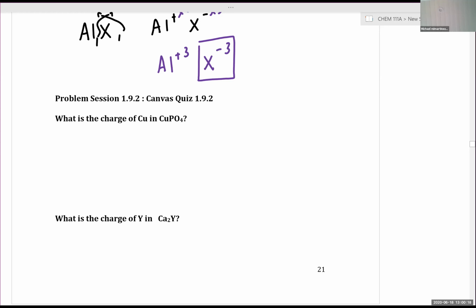I'm seeing some reasonable responses in the chat so far. Let's try to get a few more and then we'll discuss in about 30 seconds. It may not necessarily have to be simplified. You only simplify the ratio of subscripts. The charges don't necessarily have to be simplified.